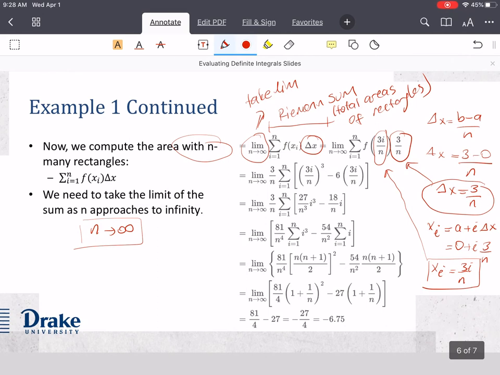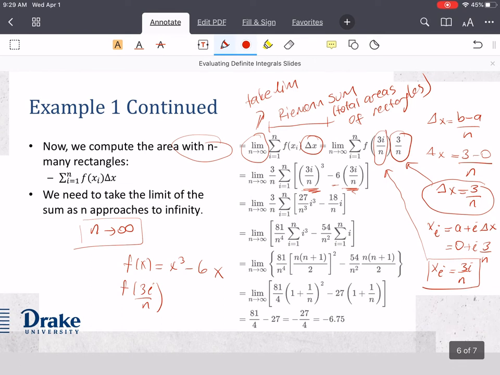f of 3i over n is basically we put this into the function. So you guys notice f of x, the given function we have, is going to be x cubed minus 6x, I believe. So what I did here is that you calculate f of 3i over n. So you get 3i over n cubed minus 6 times 3i over n. Again, it's just evaluating the function for 3i over n.